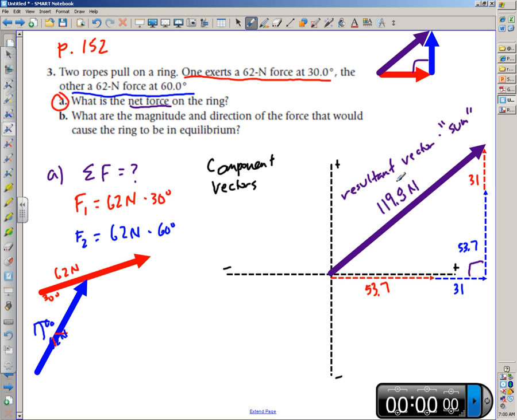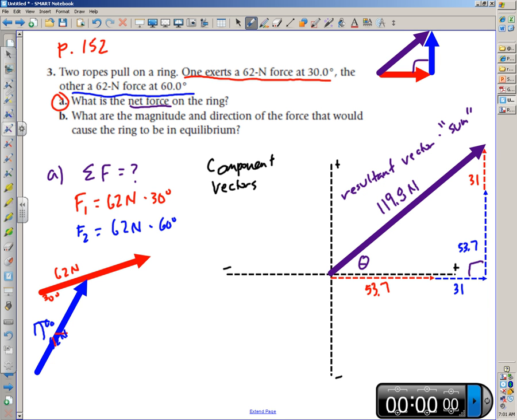That is the combination of 62 newtons at 30 degrees and 62 newtons at 60 degrees, except force is a vector quantity, meaning it has direction. Now, this one's pretty easy to do, but that means we have to find this angle theta right here, because it's okay to say that there's this many newtons acting on that ring, but you got to give me a direction. Which way are those forces acting?